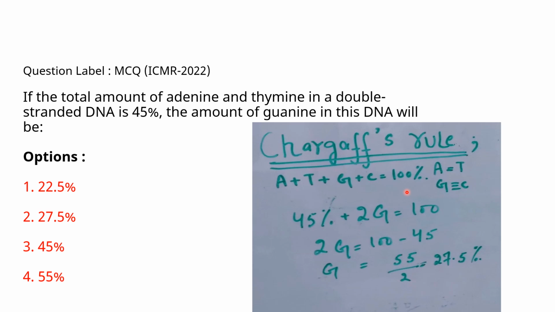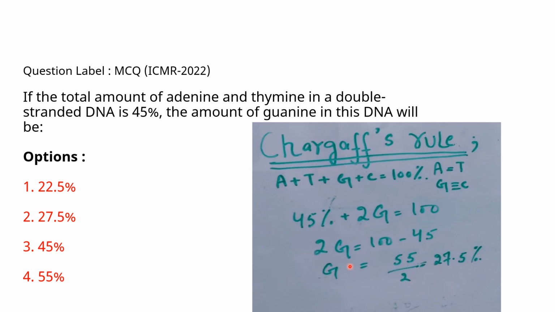In the question, the total amount of adenine and thymine is 45%, so we substitute 45% in place of adenine and thymine. The amount of guanine is equal to the amount of cytosine, so in place of C we can write G. That gives 2G.